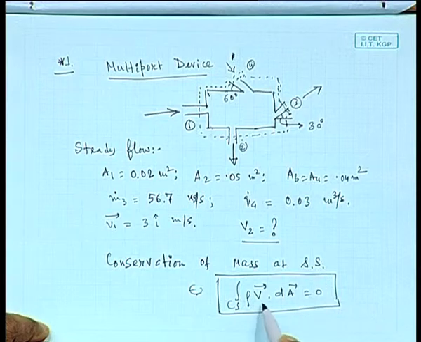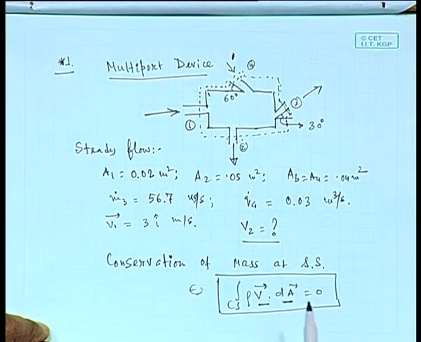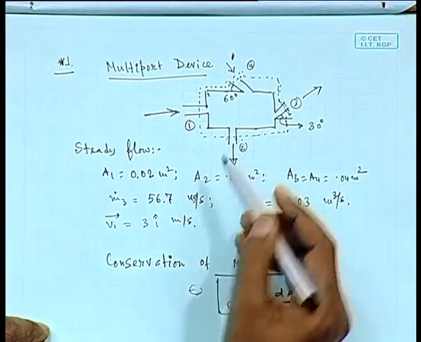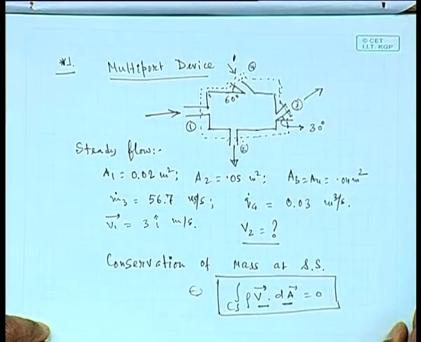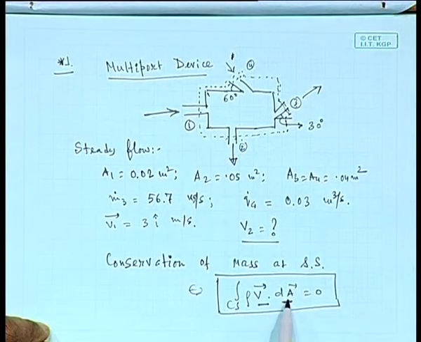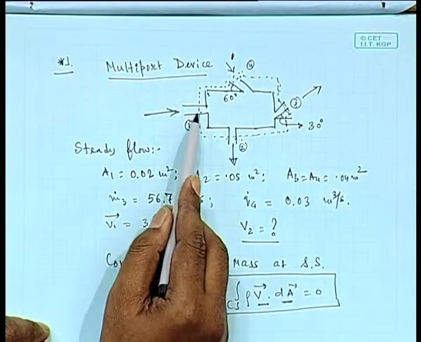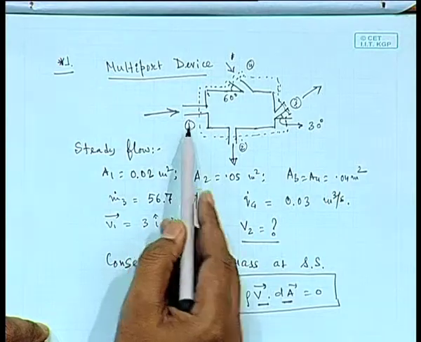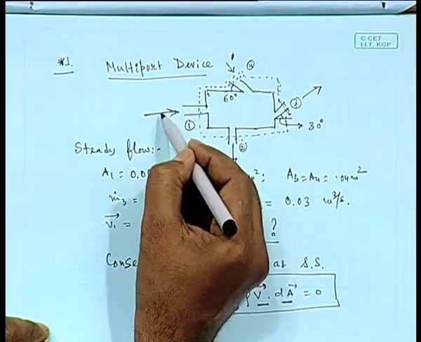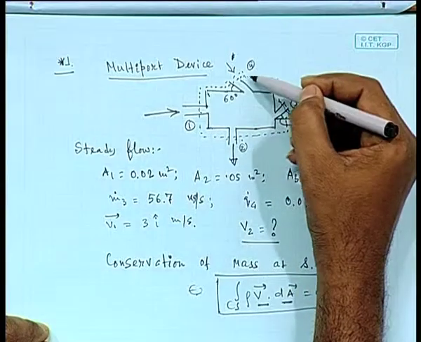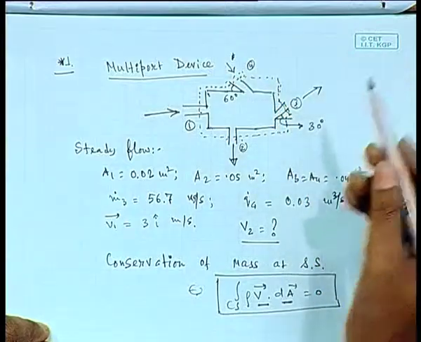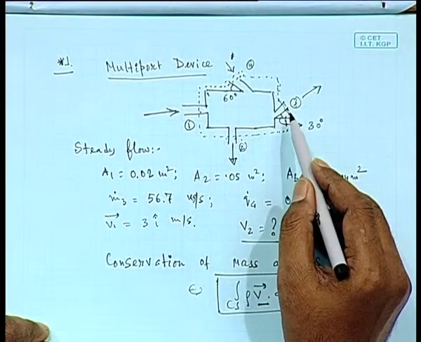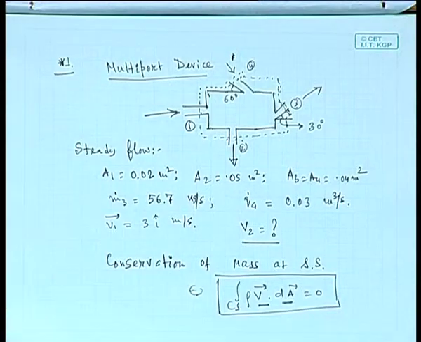Now, the direction becomes important, the sign of this. You will have control surfaces where the fluid intersects the control surface, that is surface number 1, 2, 3, and 4. Okay. The product V dot dA will be negative for port 1, because the area vector has a direction opposite to the velocity. Similarly, for port 4, velocity is coming in and the area normal is away from it, and for 3 and 2 they will be in the same direction, so V dot dA will have a positive sign.